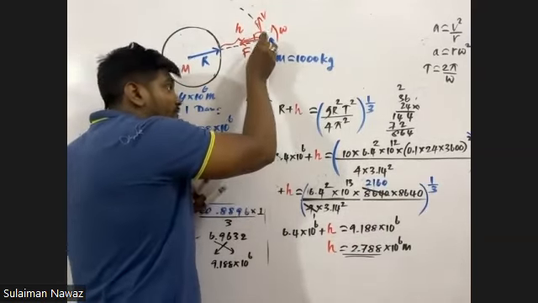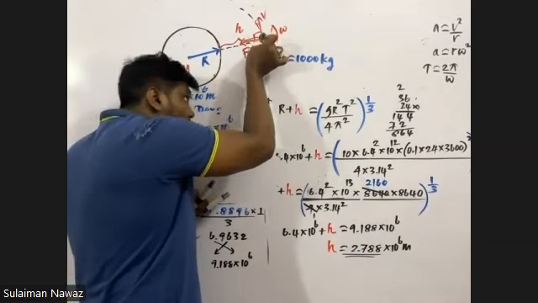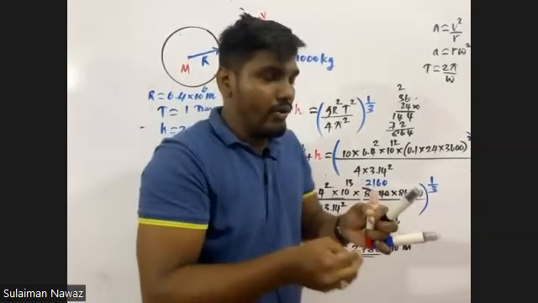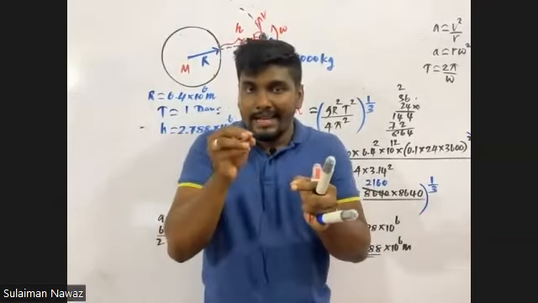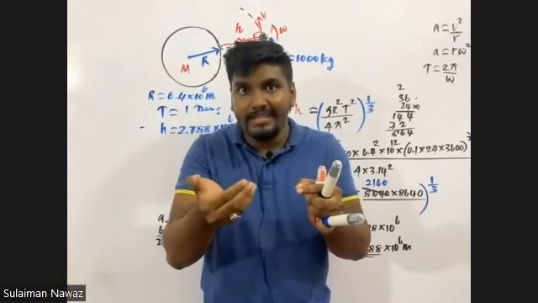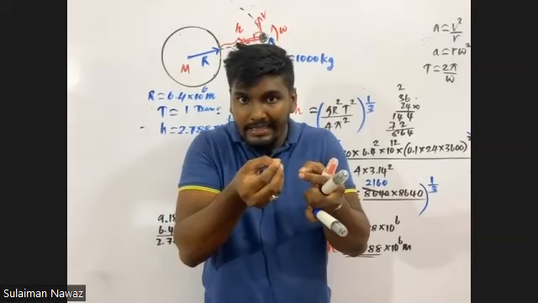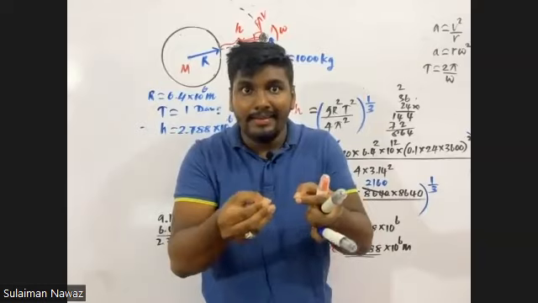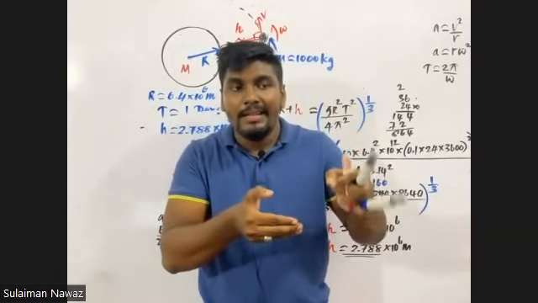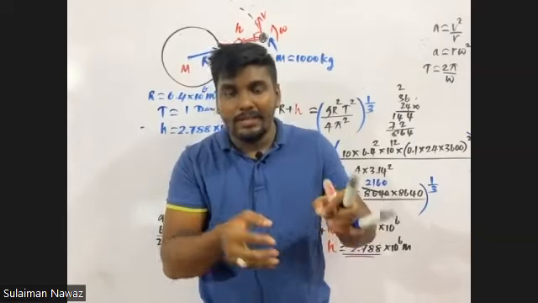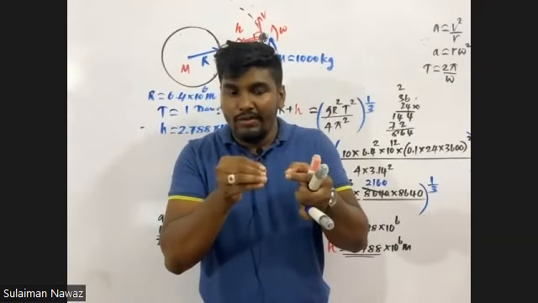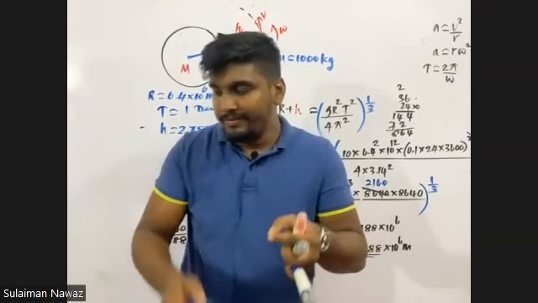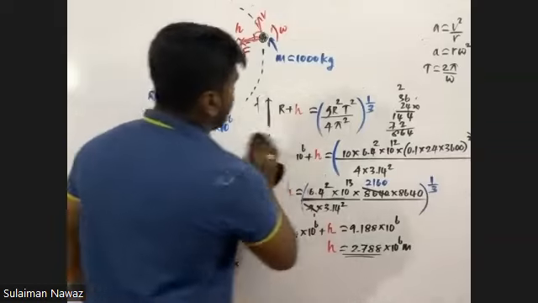And also, due to its location in the field, the satellite has potential energy. So if you need to find the total energy, you add kinetic energy plus potential energy, right?